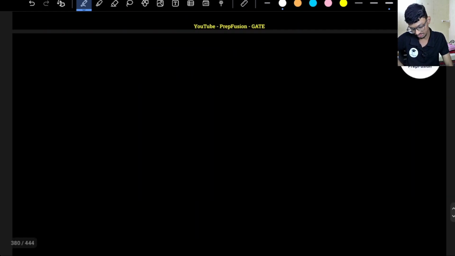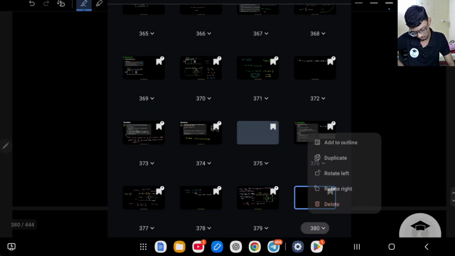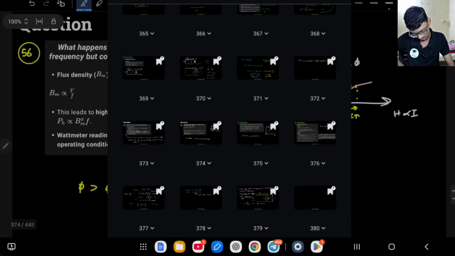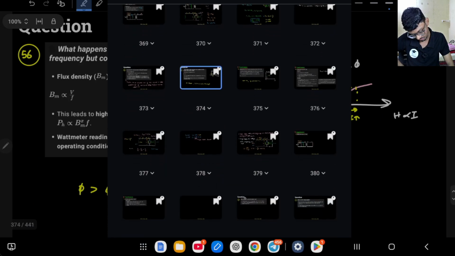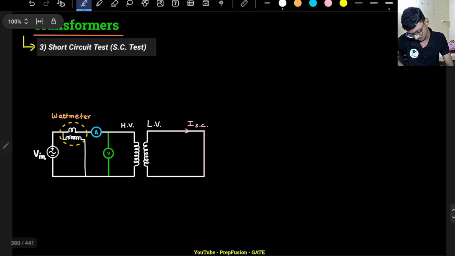So let's go to the circuit diagram of the test. So this is basically the circuit diagram.